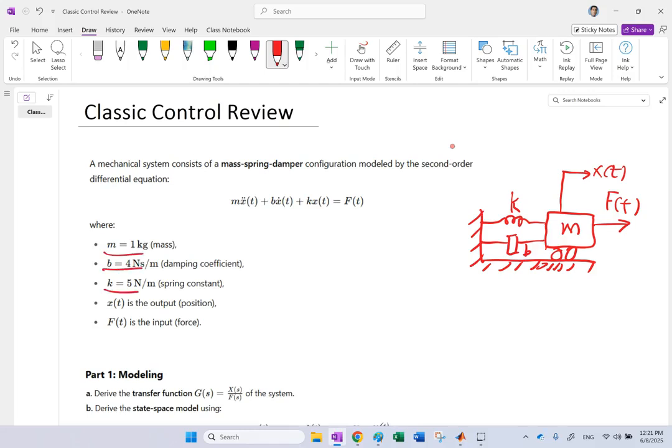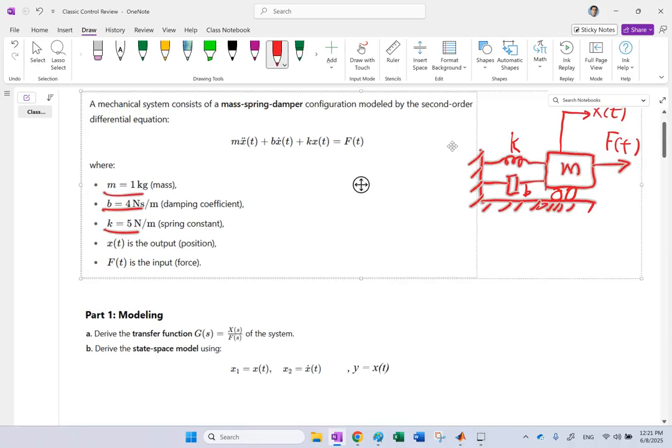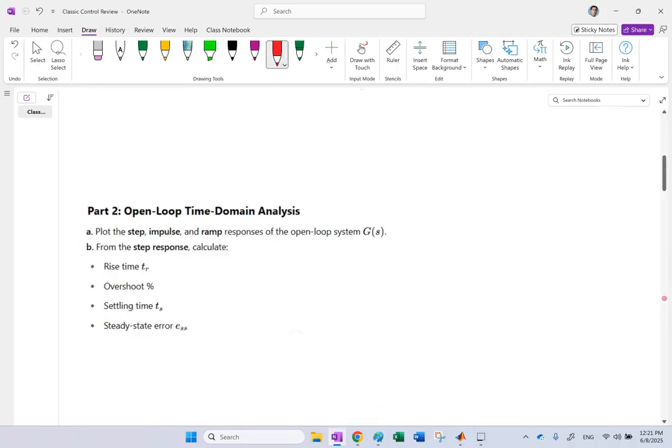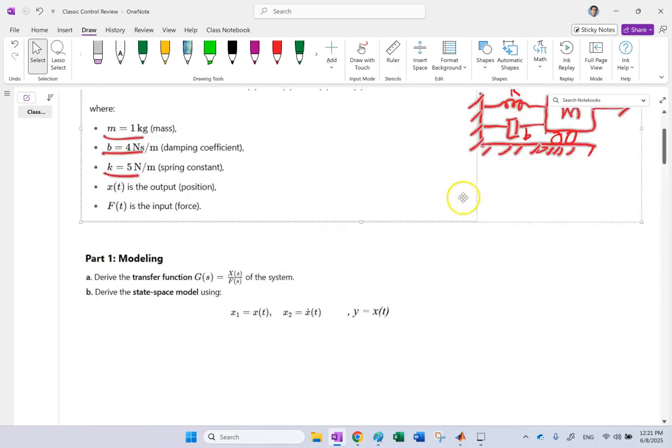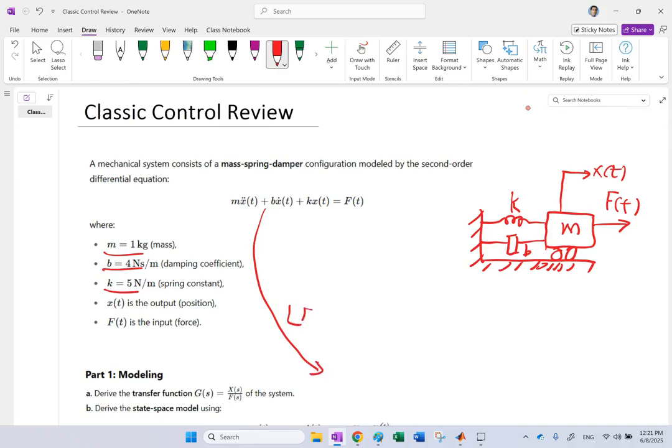The first thing we want to do is to find the transfer function of the system, which is output X over input F, so X of s over F of s. And that is very easy. All you need to do is take a Laplace transform of this equation. So I'm going to apply a Laplace transform to the system.